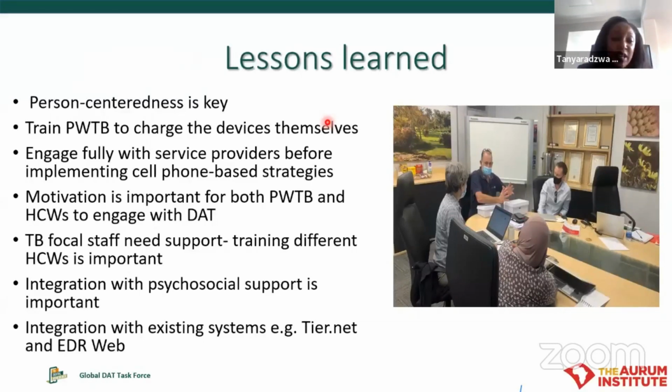And also integration of the adherence platform with existing systems, for example, with TIER.Net and EDR Web for DRTB in South Africa. So this will centralize the monitoring activities, and healthcare workers will avoid logging in from one platform into another if everything is in one platform, if possible.